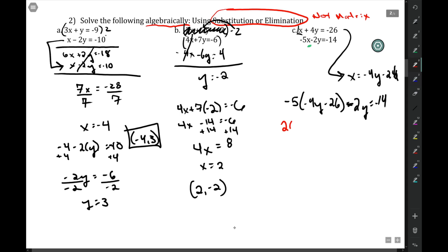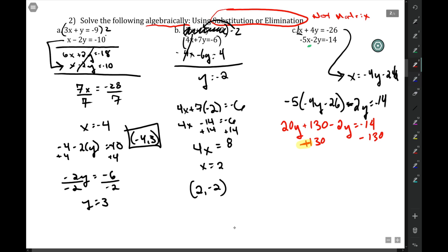This is 20y. 26 times 5, 130. Equals negative 14. Add my 130. Subtract my 130. Subtract.